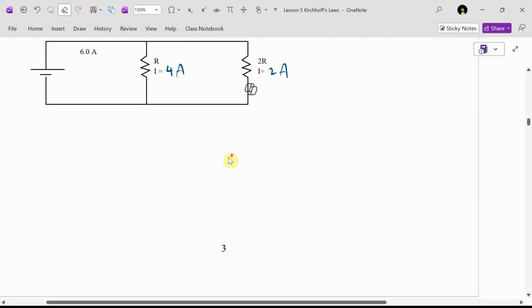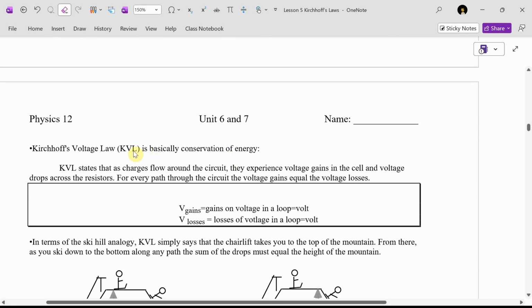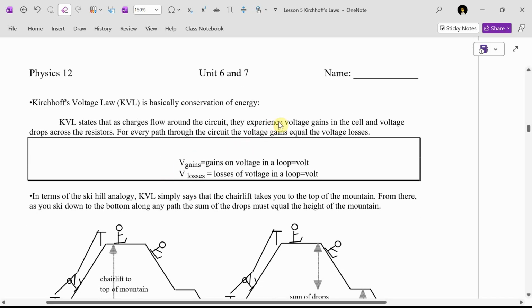Voltage law is a little bit trickier. I'll abbreviate Kirchhoff's voltage law as KVL. It comes out of conservation of energy, because voltage is the amount of energy per coulomb. Here's what it says. As charges flow around a circuit, they experience voltage gains from the battery chairlift and voltage drops around the resistors.